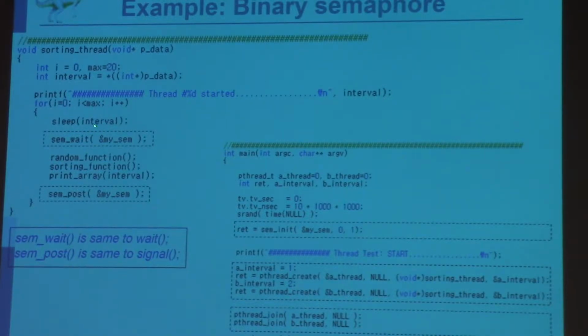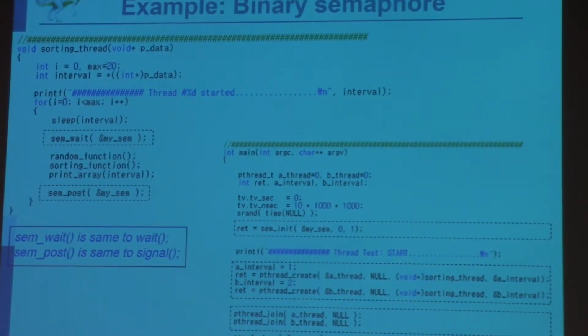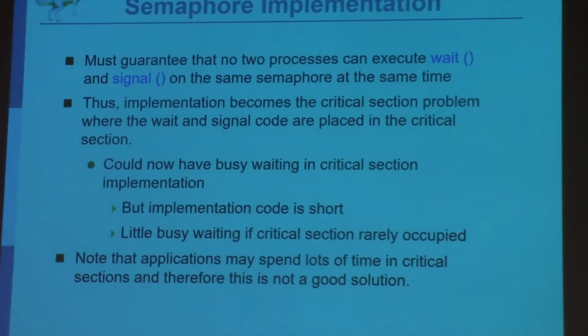It's nothing but wait and signal, getting the lock and releasing the lock. This is one of the examples used by application programs. In your program, if you need to handle the synchronization problem, you can use the system library provided by the operating system. So this is one example using a binary semaphore.